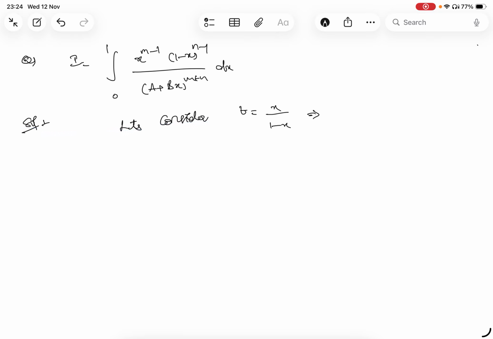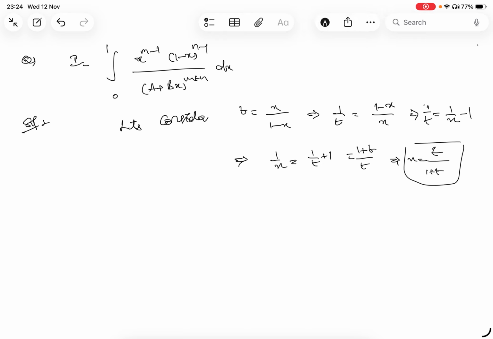Now this will be 1 by t equal to 1 minus x by x, which is 1 by t equal to 1 by x minus 1. So this will become 1 by x equal to 1 by t plus 1, which is (1 + t) by t. That implies x equal to t by (1 + t).